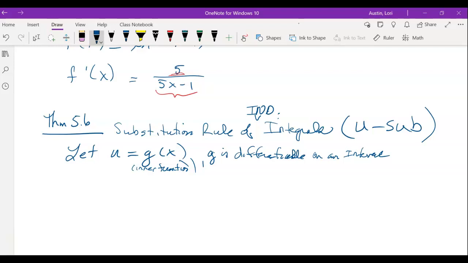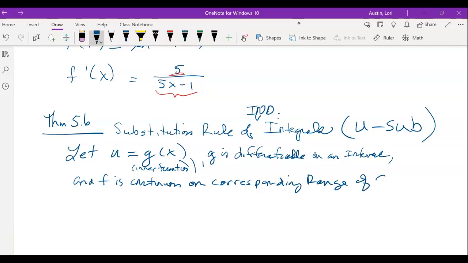And f is continuous on the corresponding range of g. So basically, whatever the range of g is, f has to be continuous on that range. And that depends on what g actually is. Again, we got to have those in for the theorem. You don't need to worry so much about it when you're calculating them.